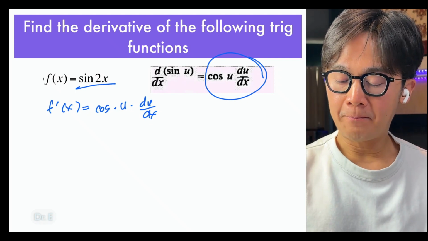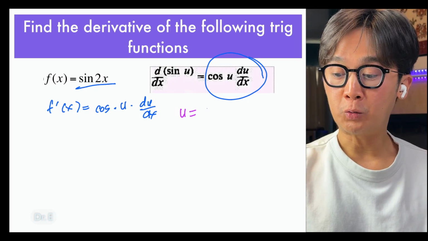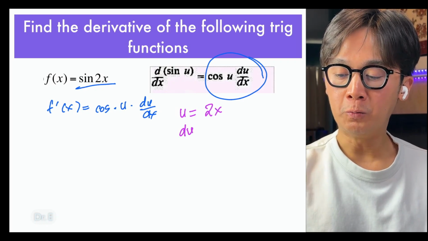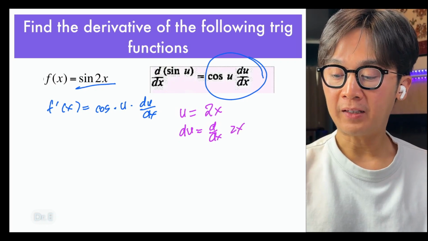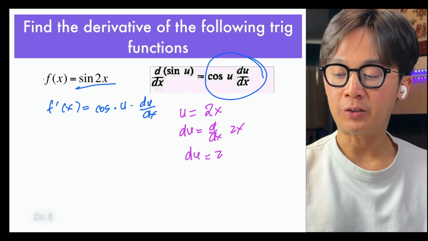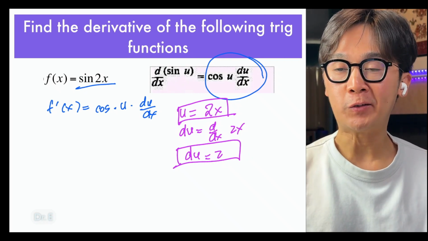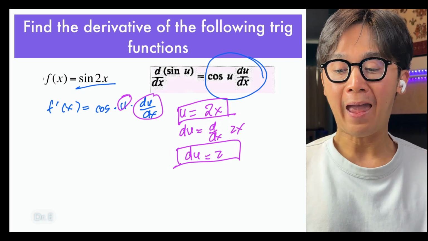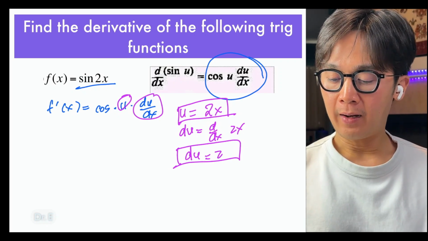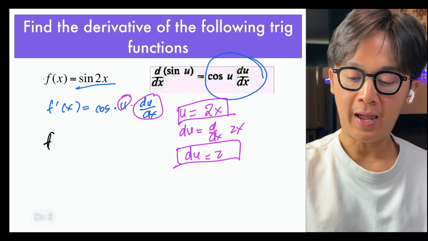And then after that, I'm going to get my u, which is 2x, and my du, which is the derivative of 2x, and du is 2. And I know that all I have to do now is to use my u and my du and replace these two items right here, and I'm done with my derivative of f of x.